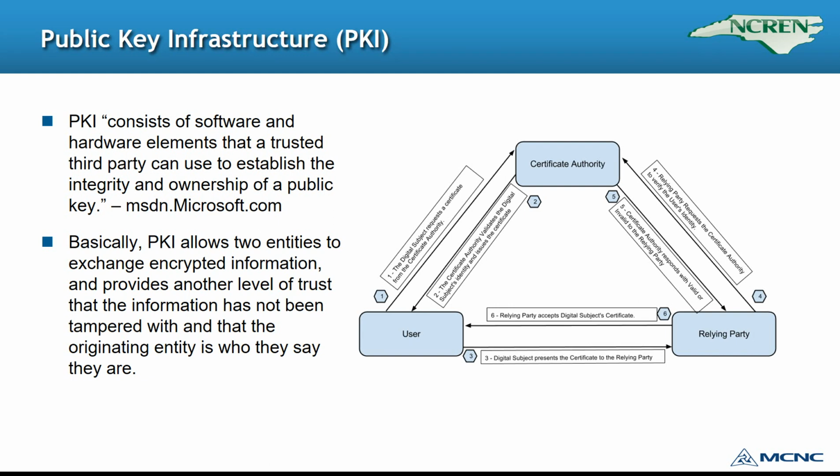They will have gotten that certificate from the certificate authority, and whenever they want to talk to another party, they will give them that certificate first, and then that other party will show that certificate to the certificate authority and prove that it's authentic. And then once they've proven that, they can go back to the original user and start their encrypted channel once they've proven to each other that they are who they say they are.